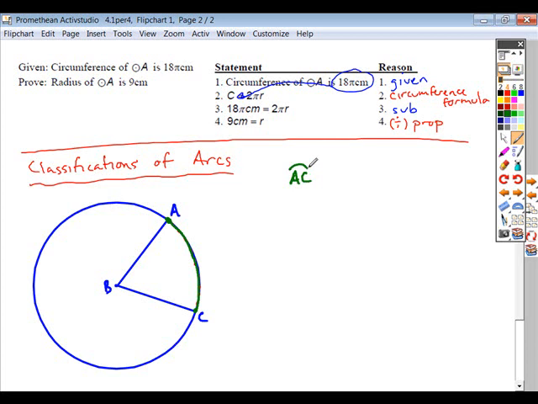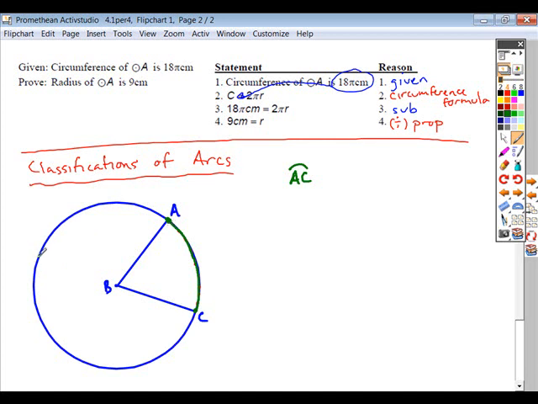But how can we distinguish that from the arc that extends on the remaining portion of the circle? Because it still has ends at A and C. So in order to identify the portion of an arc that extends in the other direction, we need to add a third point.